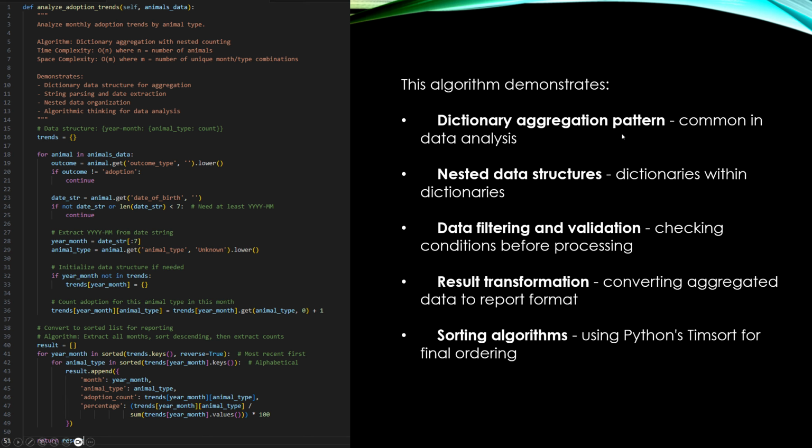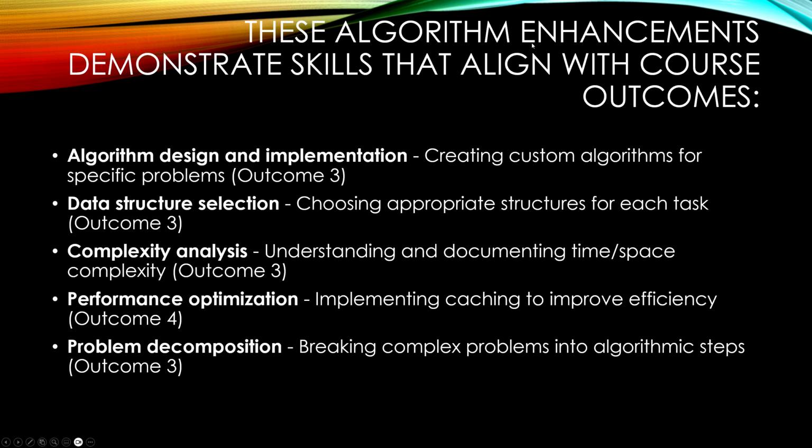This algorithm demonstrates: 1, the dictionary aggregation pattern, which is common in data analysis; 2, nested data structures, dictionaries within dictionaries; 3, data filtering and validation, checking conditions before processing; 4, result transformation, converting aggregated data to report format; and fifth, sorting algorithms using Python's timsort for final ordering.